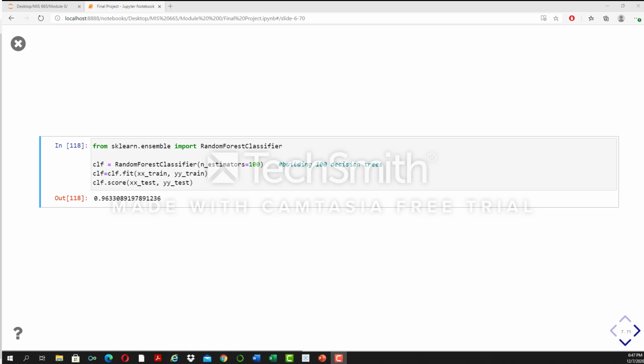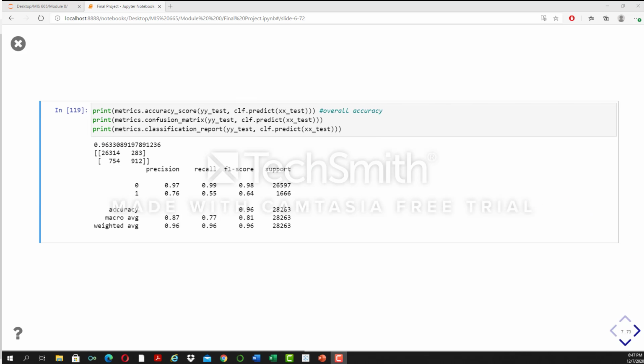Random forest gave an accuracy of 96%, with 26,314 borrowers not canceling their loans, and 286 misclassified as canceling their loans, and we have 754 as canceling their loans.